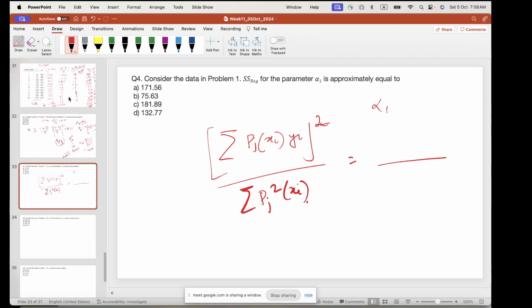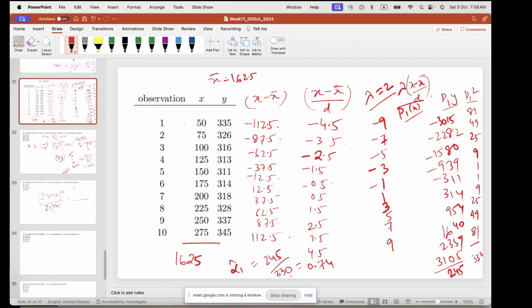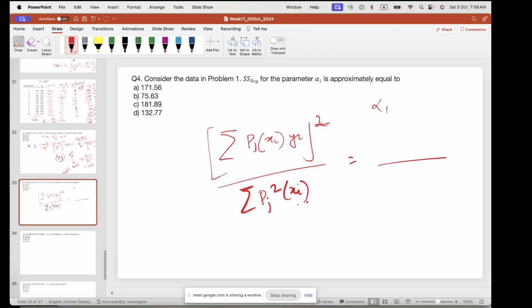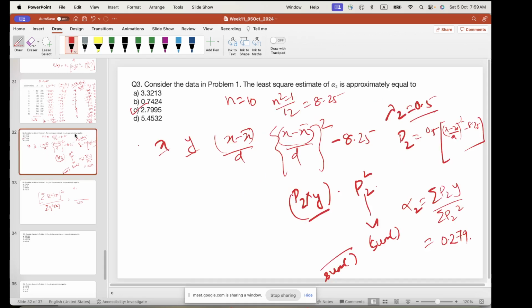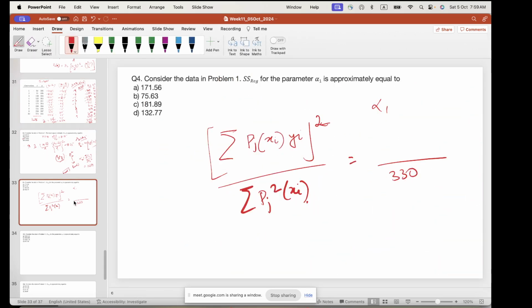Okay, so for alpha 1, this would be summation pj square xi. How much did we calculate for alpha 1? So for alpha 1, this was 330. Okay, so this will be 330, and summation pj xi yi was how much? This was 245.